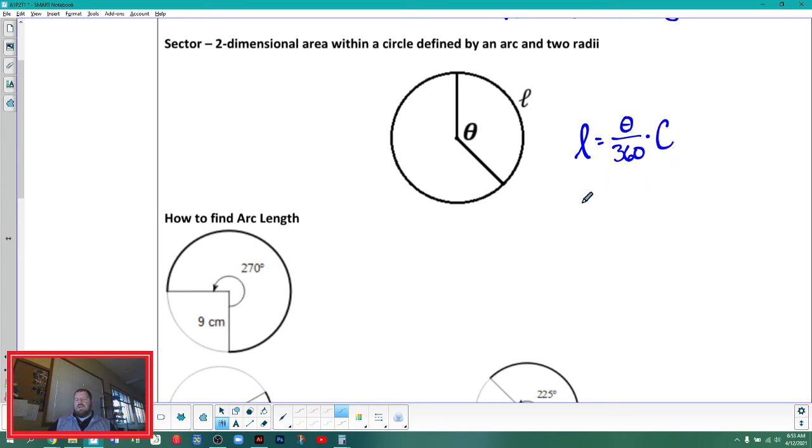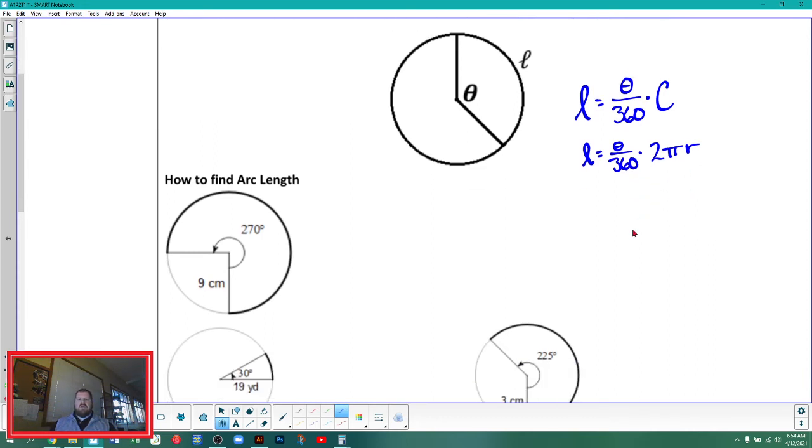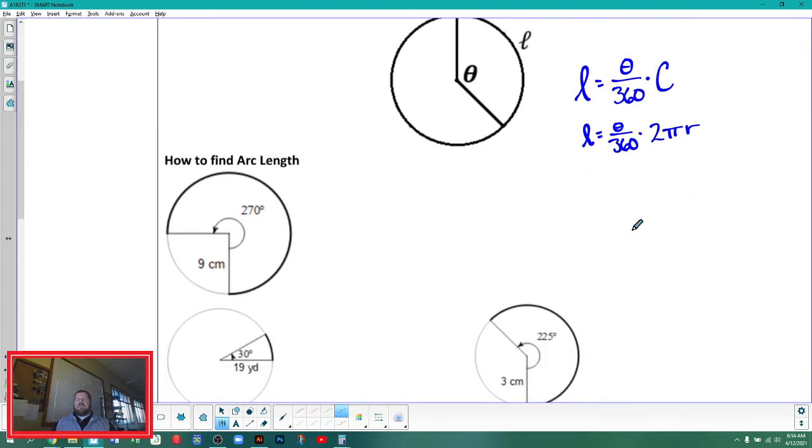Okay, so you could look at it as the arc length is equal to theta over 360 times 2 pi r, or times pi times the diameter, whichever way you want to do it. Most of the time I'll probably be given the radius, so I'm going to use that. So let's go ahead and give this a shot.